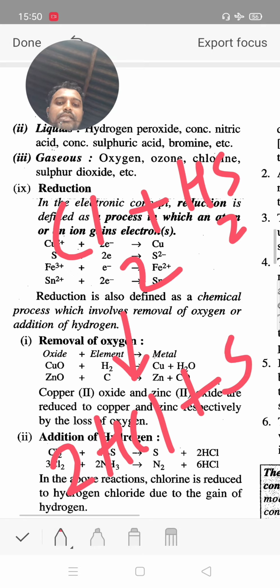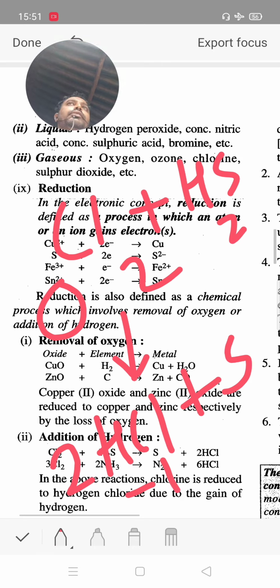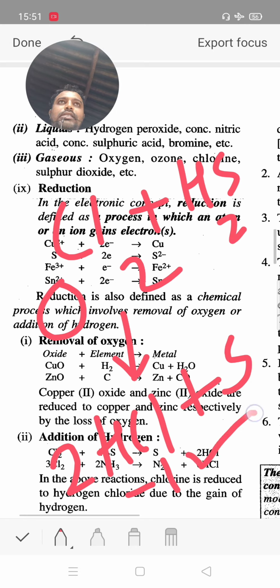In this, chlorine is reduced to HCl, meaning gain of electron. The oxidation state of chlorine is 0 and in Cl- it is -1, so in this process oxidation number decreases, meaning it is a reduction process. Also directly, addition of hydrogen takes place, therefore it is an example of reduction.